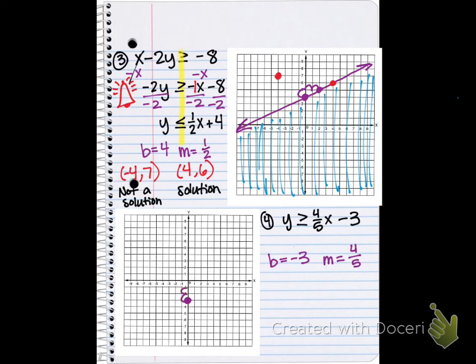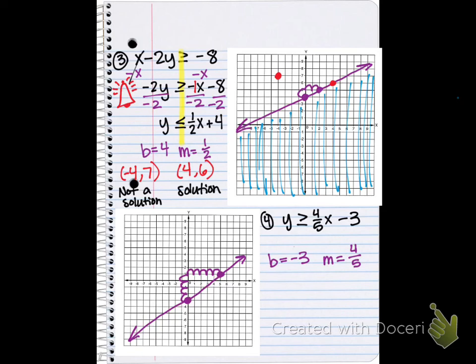I'm going to go up 4 from this point, and then to the right 5, and we plot a point. Since we have a greater than or equal to sign, I need to use a solid line on this graph. So we will choose a solid line.